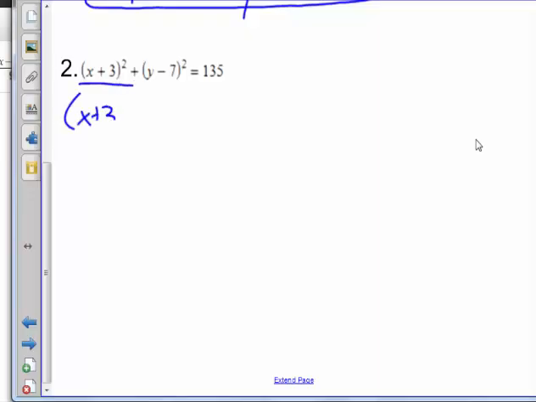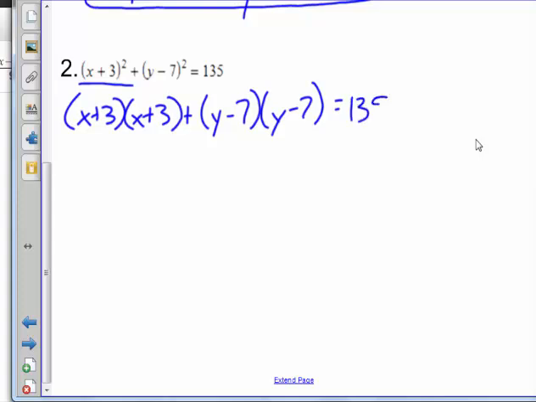So we're rewriting x plus 3 squared as x plus 3 times x plus 3, and y minus 7 squared as y minus 7 times y minus 7.